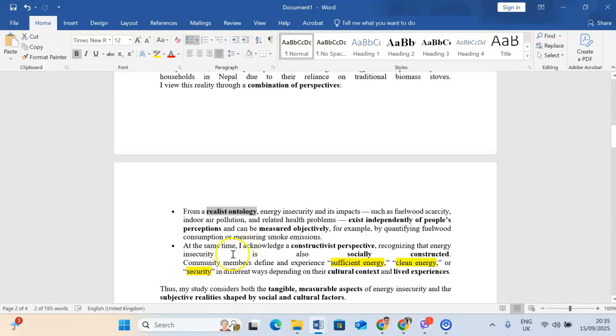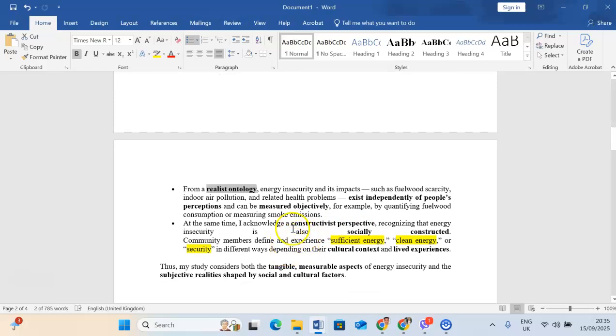Likewise, there is second perspective, and that second perspective is constructivist perspective. And what is this constructivist perspective? It's all about exploring socially constructed views, opinions, or ideas, or lived experiences.